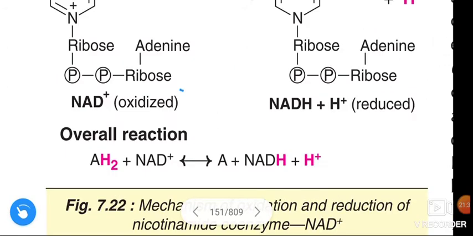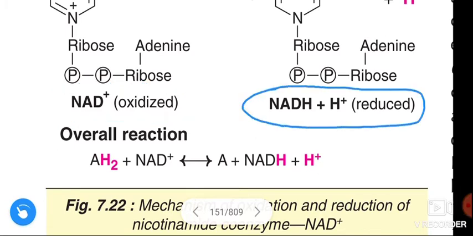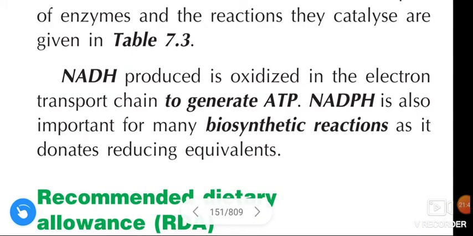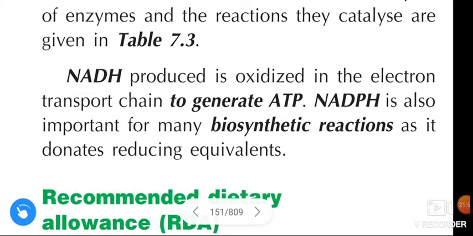See here, guys, NAD plus is the oxidized form, and NADH plus H plus is the reduced form. NADH produced is oxidized in the electron transport chain to generate ATP.